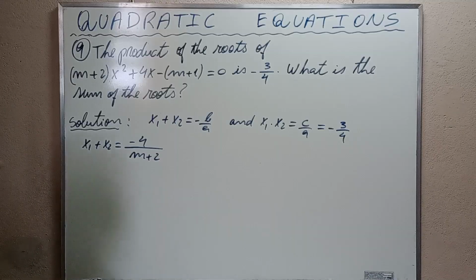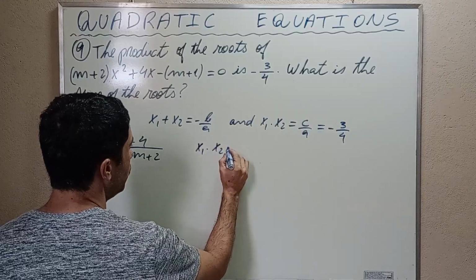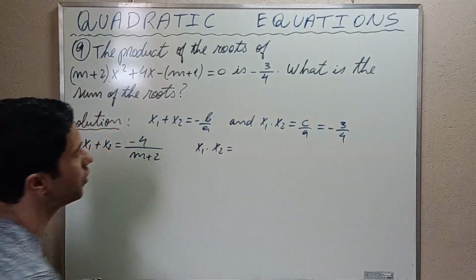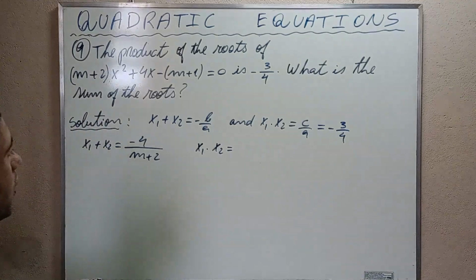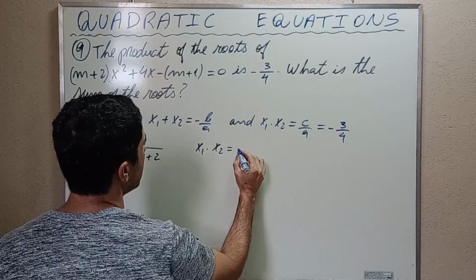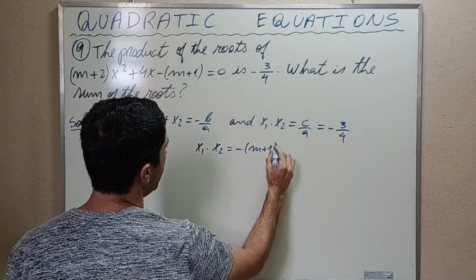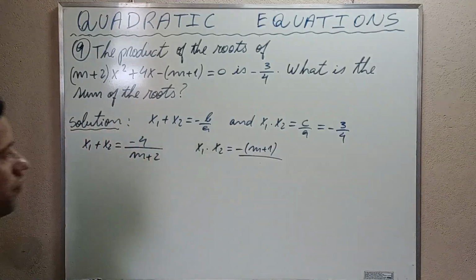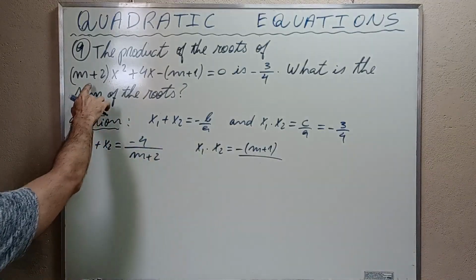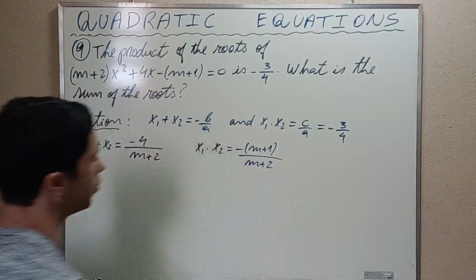Observe also that x1 times x2 is equal to c over a, where c is this, negative m plus 1, divided by a, which is this, m plus 2, okay?